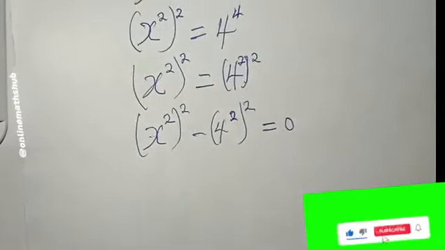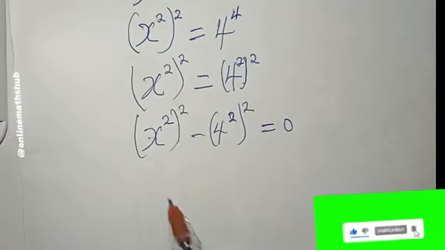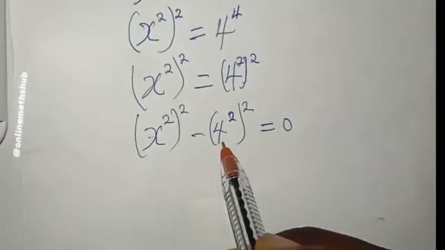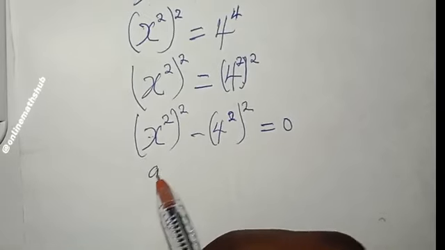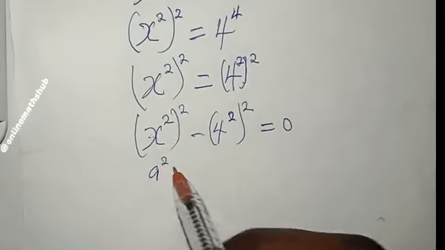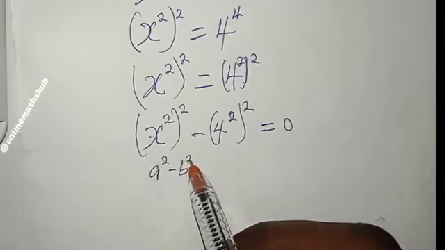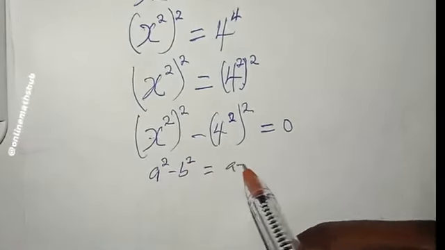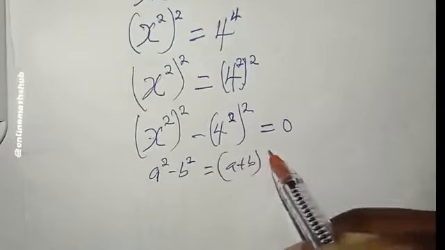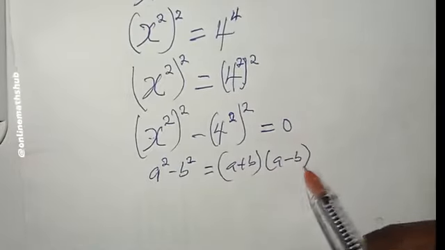So clearly here you can see that we have difference of two squares. You can remember that if you have a squared minus b squared, you can expand this to be a plus b, multiplied by a minus b.